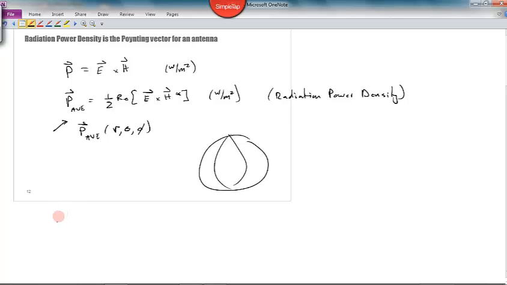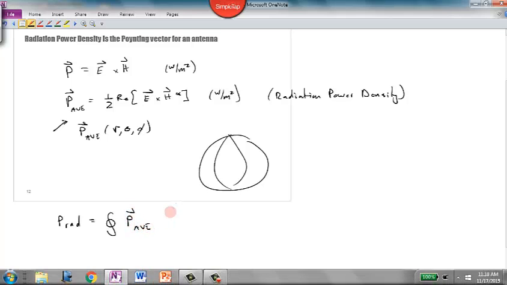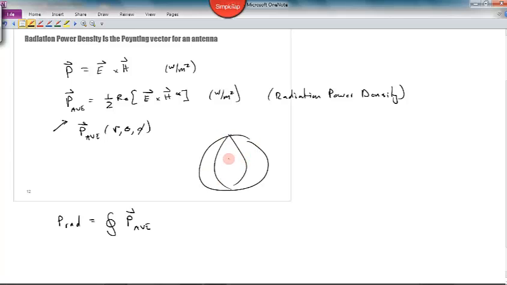How I would write that is that the total power radiated by an antenna is given by the surface integral of the time averaged Poynting vector. Since it's a surface integral, I need to integrate with respect to this little surface element dS, which is why we had that tangent in the last video. The surface integral of P average of r, theta, phi dS gives me my total power in watts.